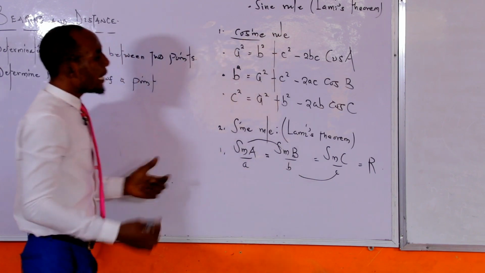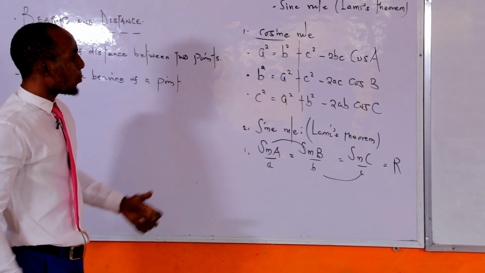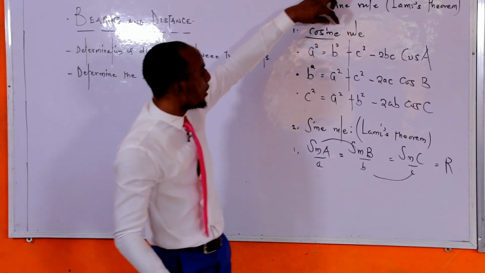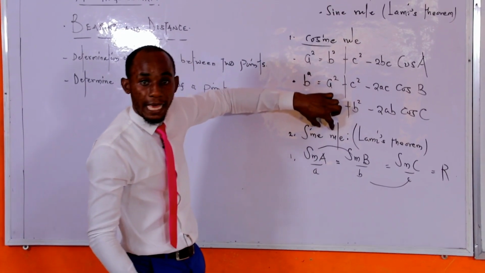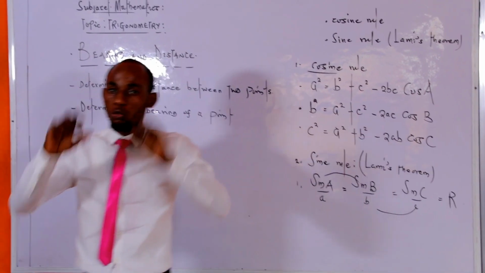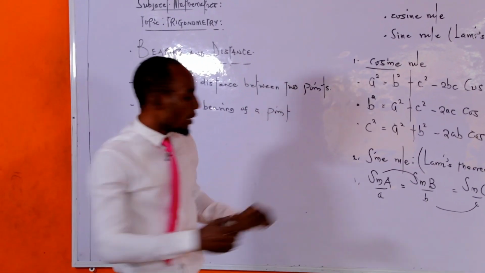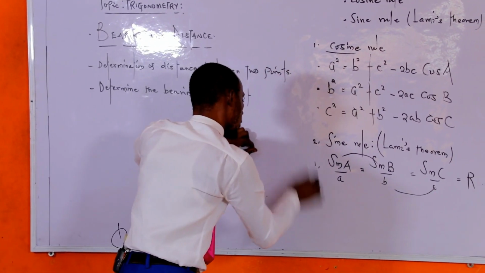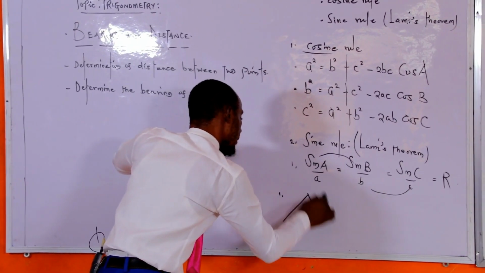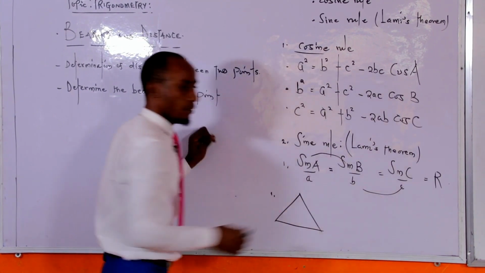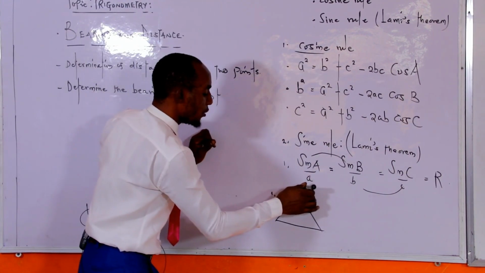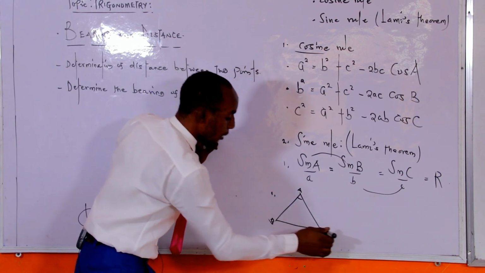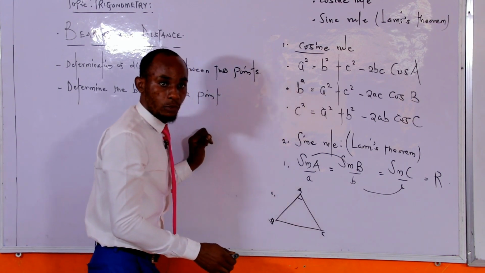Then I further explained how we apply this by drawing triangles. I think three triangles. I said the first one, if you have a triangle like this, such that this triangle has angle A, angle B, and angle C. Are we together?